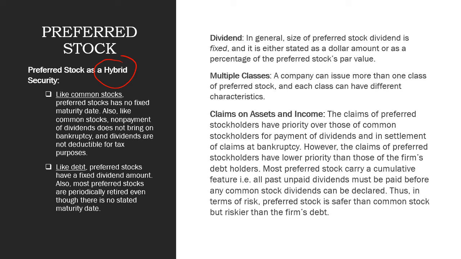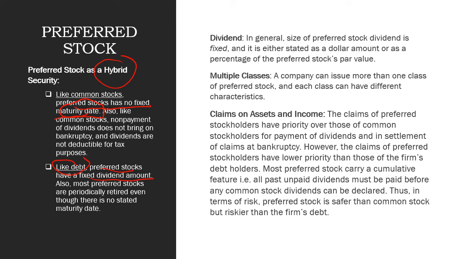It is like common stock in the sense that the preferred stock has no maturity date. But on the other hand, it's also like debt or a bond, because preferred stock has a dividend amount.